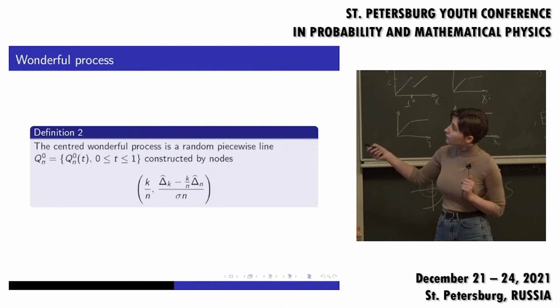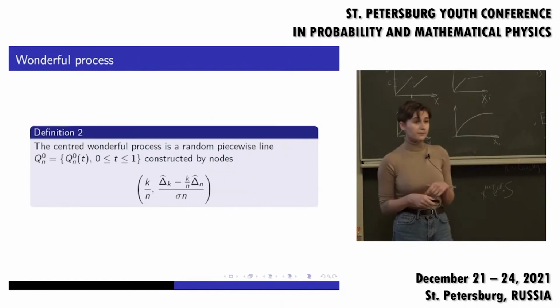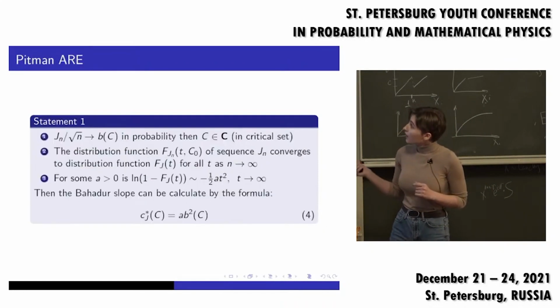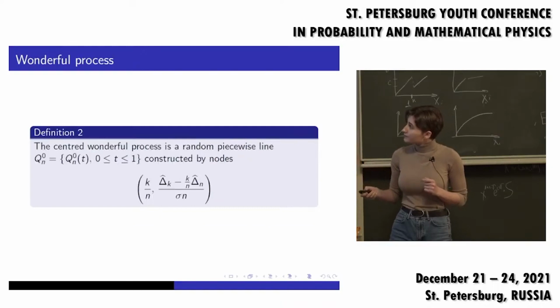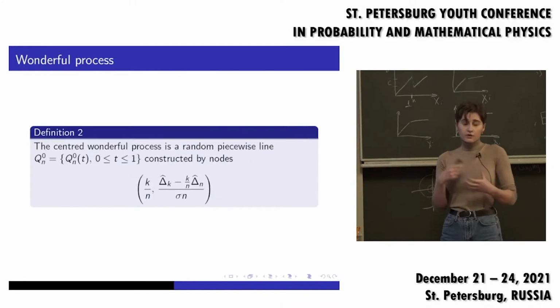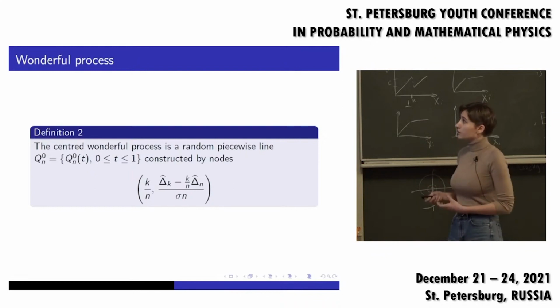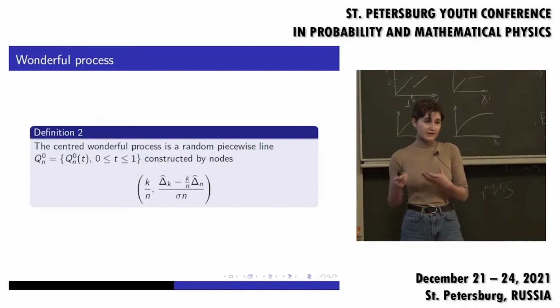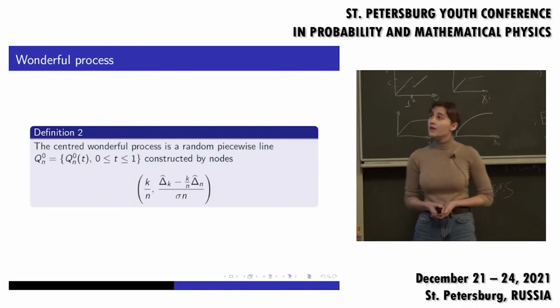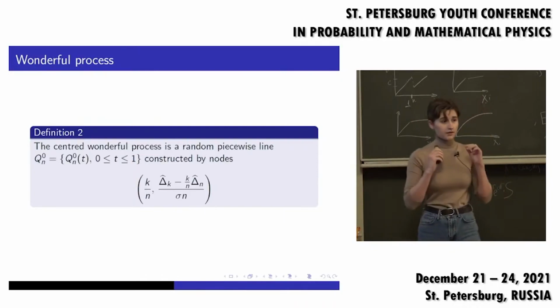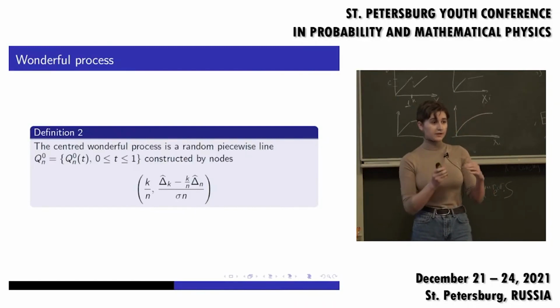In statement 1, we have the first condition, Jn divided by square root of n, and to calculate coefficient b of c, it's really comfortable to define this process. In the work, it got the name wonderful process, and it is just the empirical bridge divided by square root of n.